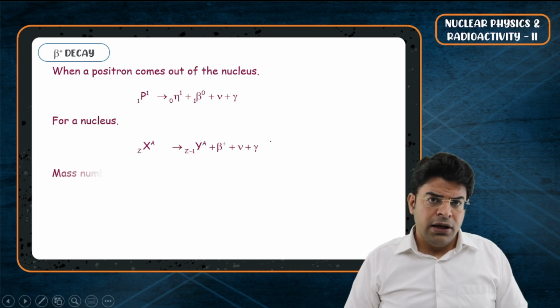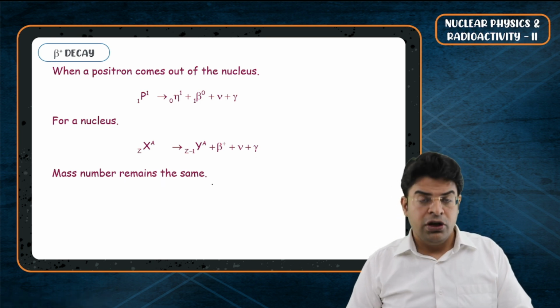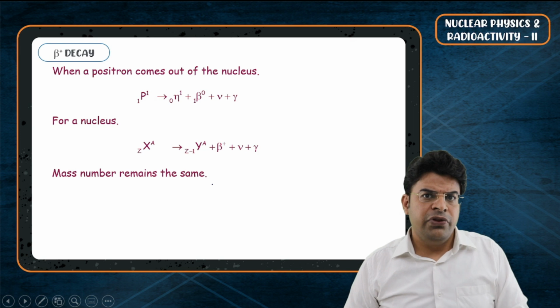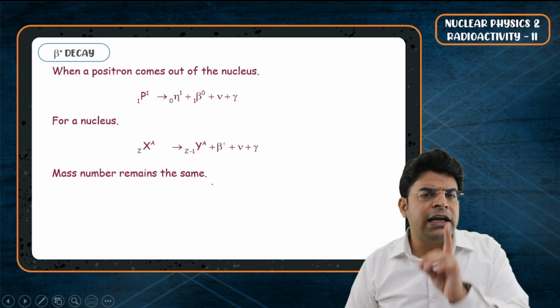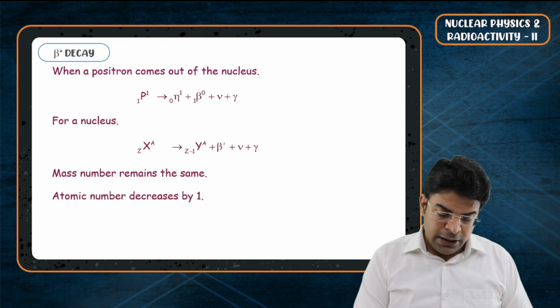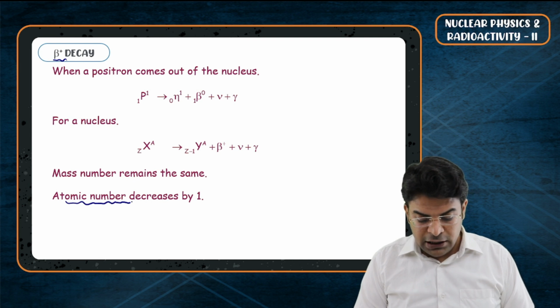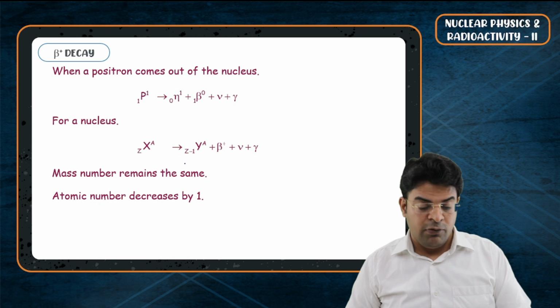Do you understand? When a nucleus undergoes beta plus decay, the mass number remains the same. So both in beta minus decay as well as in beta plus decay, the mass number remains the same. In alpha decay, the mass number reduces by 4. Next, in beta plus decay, the atomic number decreases by 1.